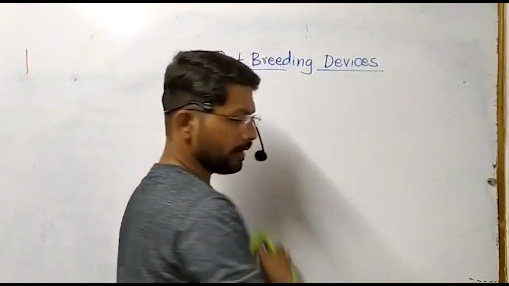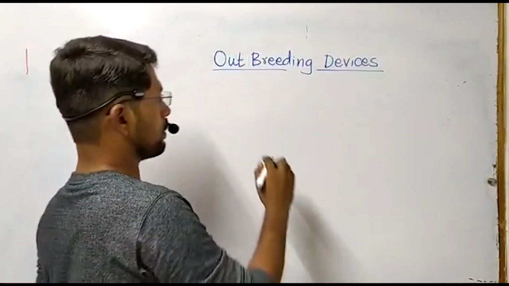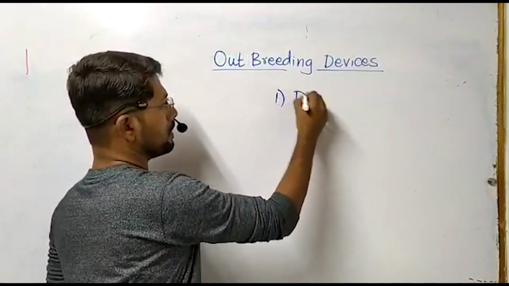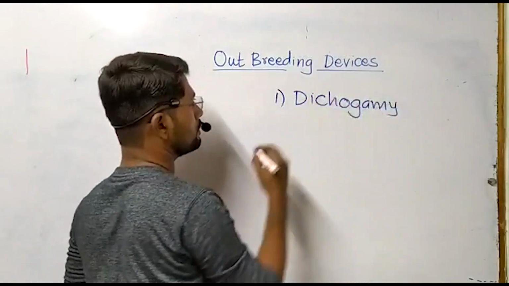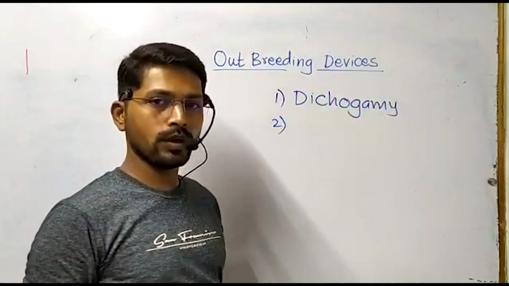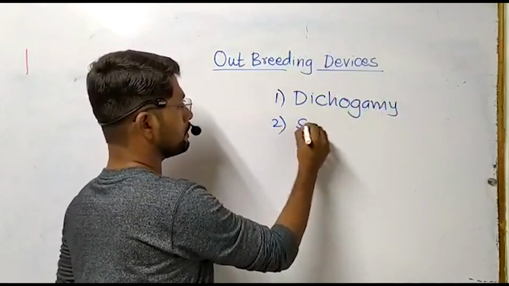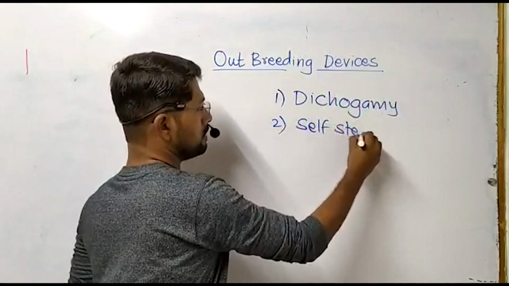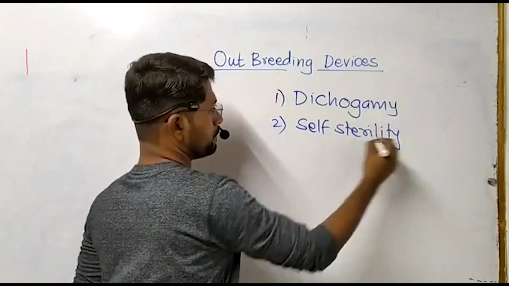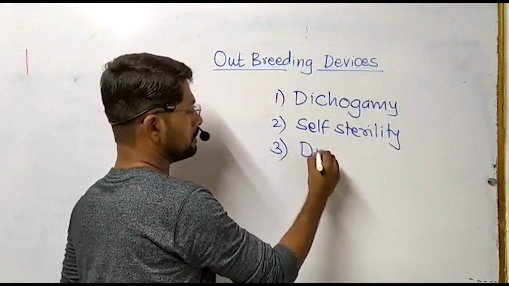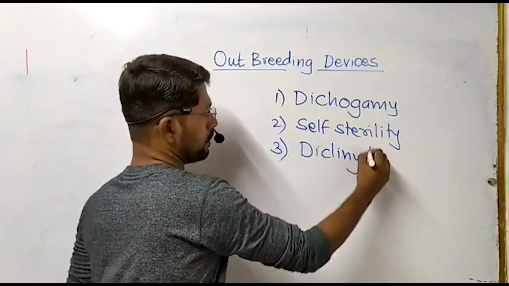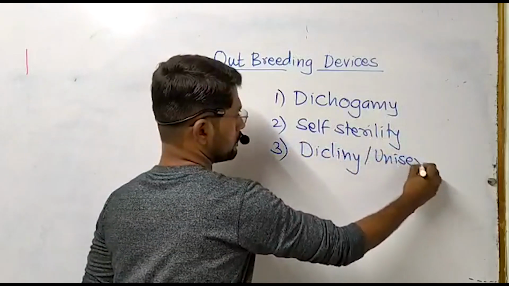The first outbreeding device or contrivance for cross-pollination, which is very well known, is called dichogamy. The second one which we are going to discuss is self-sterility. The third one is called dicliny or unisexuality.